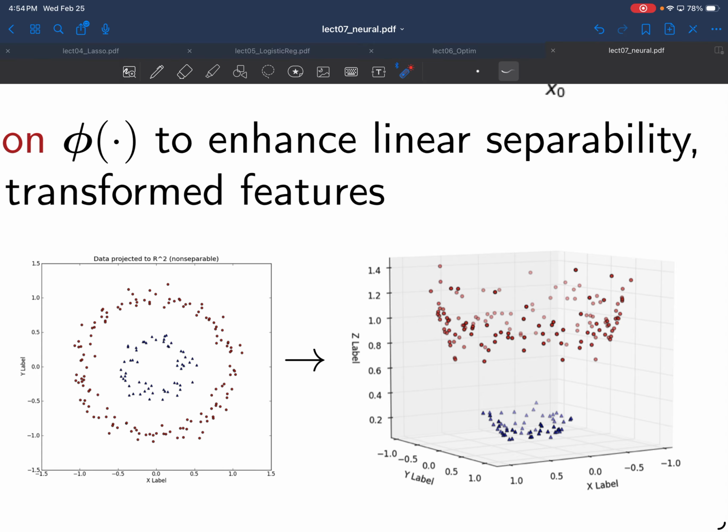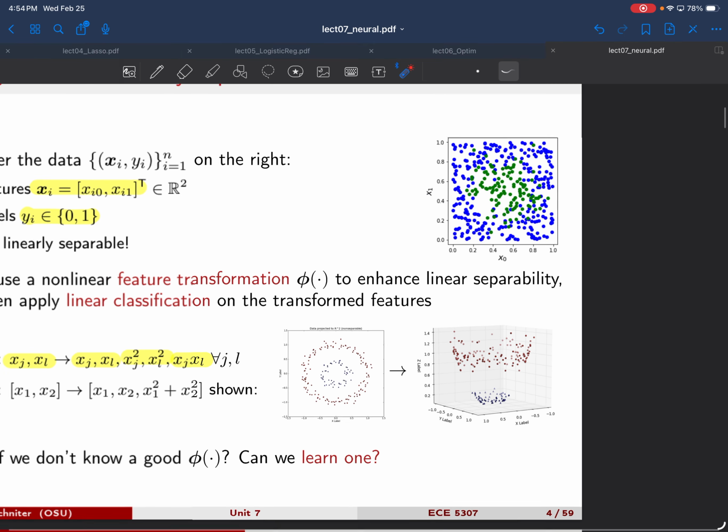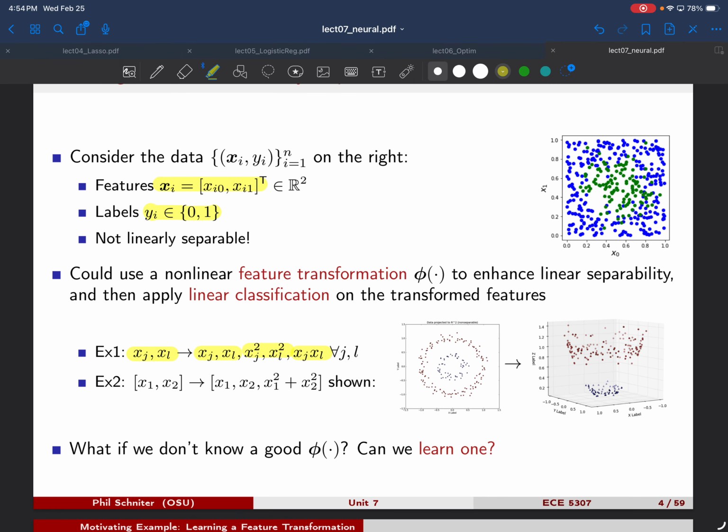Maybe you never find something that works great. Okay, so that's the idea behind feature transformations. Any questions so far? Okay, so the idea behind neural networks is basically to learn a feature transformation that works well for your particular data set. That's the whole idea.